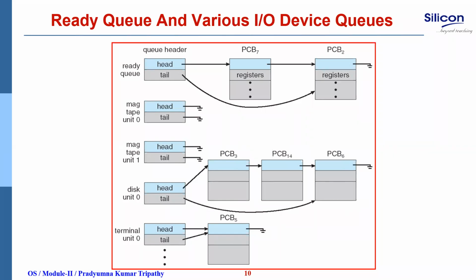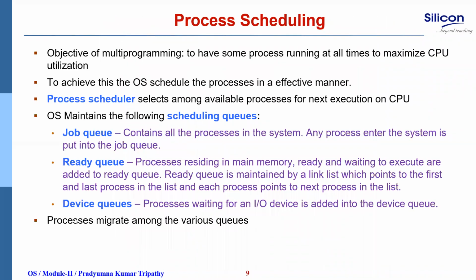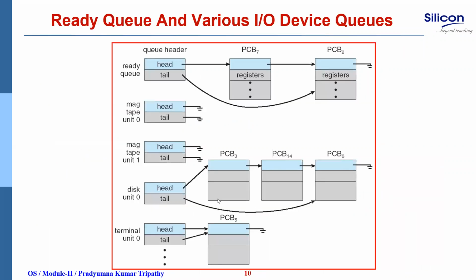A particular process may be requesting multiple devices, and the pointer is pointing to that PCB as well, right? And these processes migrate among the various queues. Now it is requiring the disk, sometime it might be requiring magnetic tape, sometime the terminal, so it migrates among these devices.